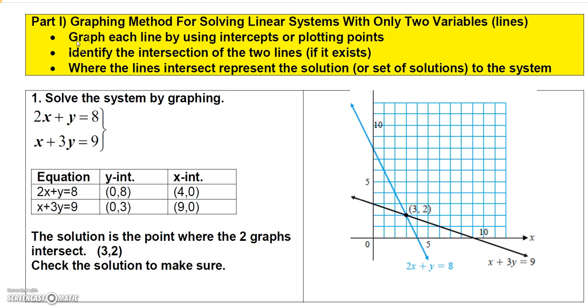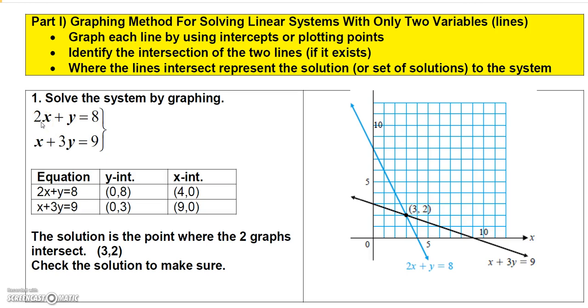Now, you'll remember in the first module I showed you how to graph linear equations by plotting the x and y intercepts. So to solve this system here, we need to graph this first line, 2x plus y equals 8, and we can do that by just finding the x and y intercepts.